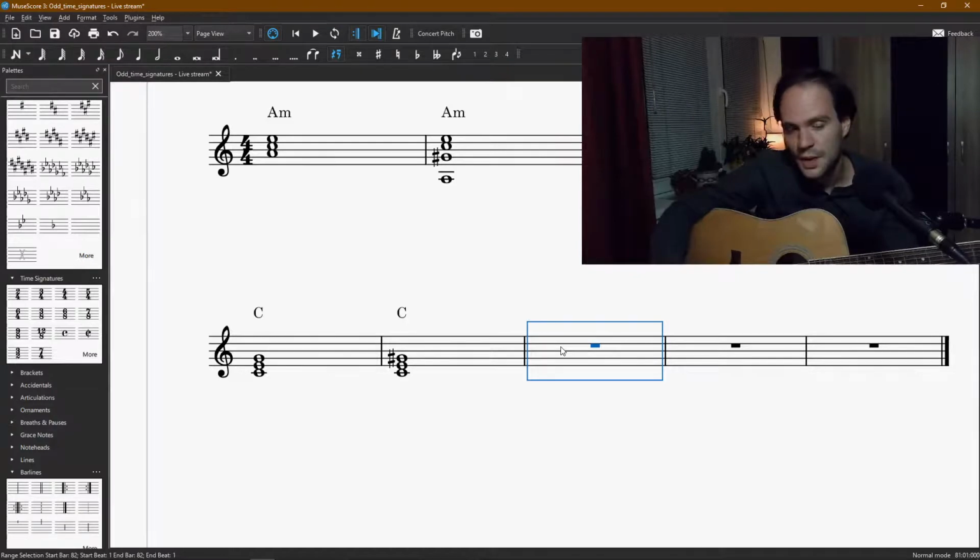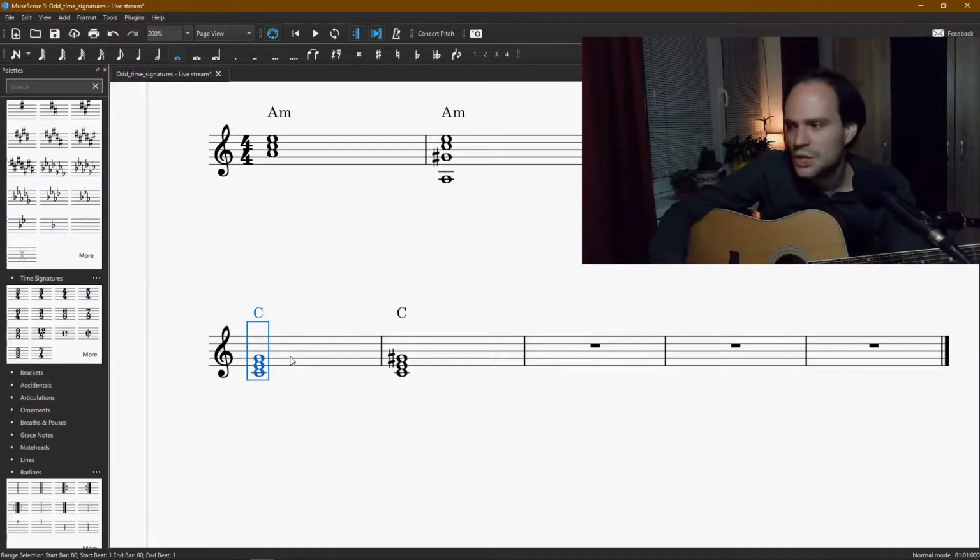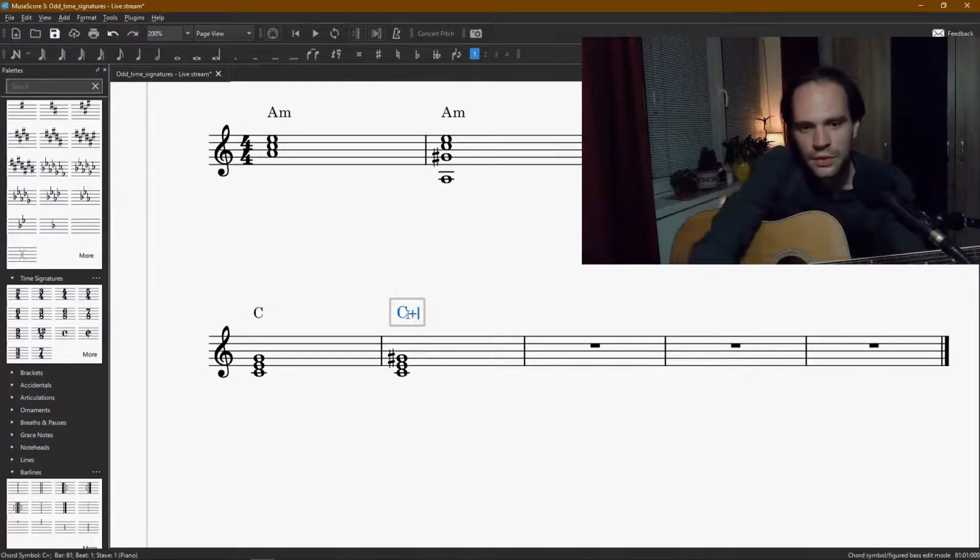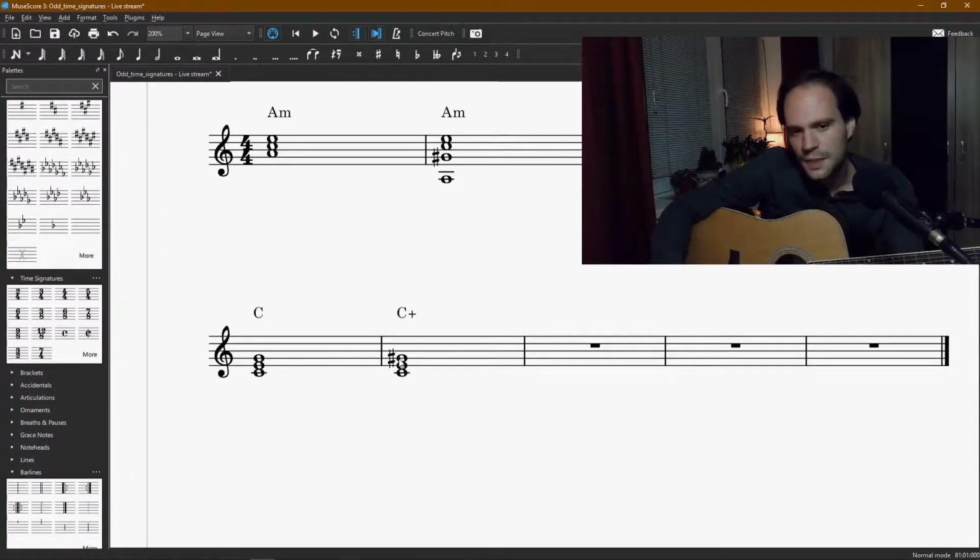So for example, if we're in the key of C major, the key of C major has no sharps or flats by itself. So by altering this note, and I need to also put a plus behind it, this becomes a non-diatonic chord, because it's not normally part of the C major key.